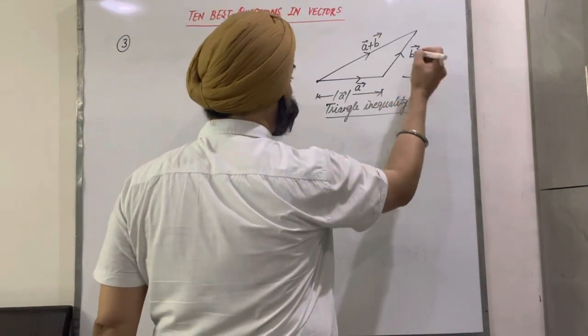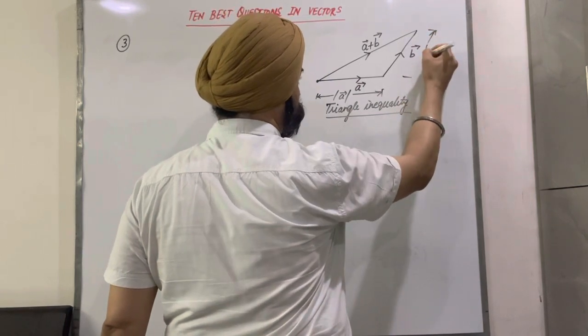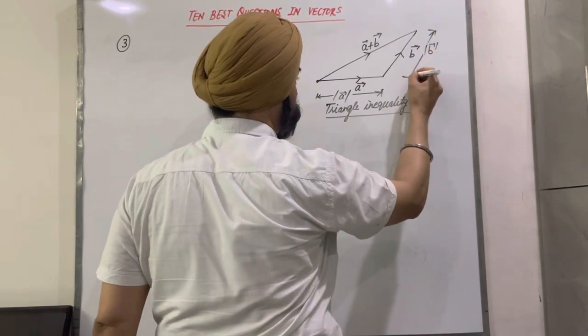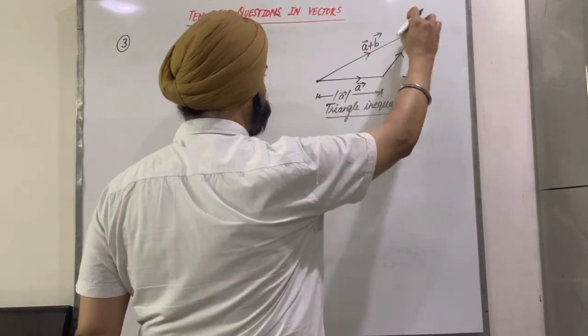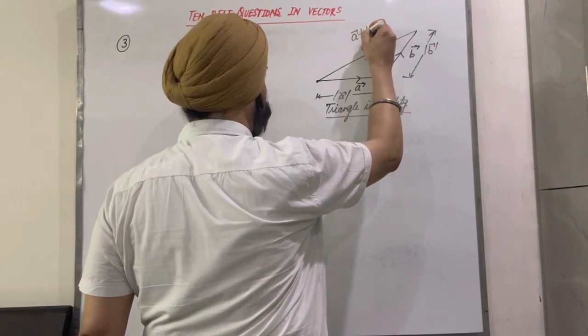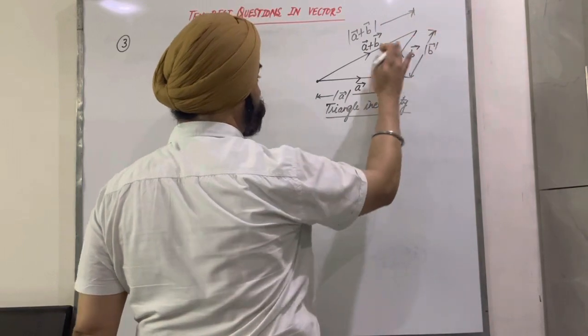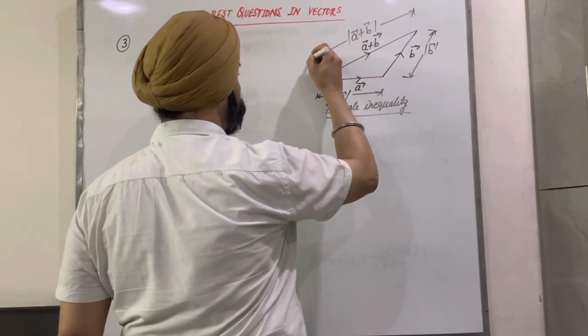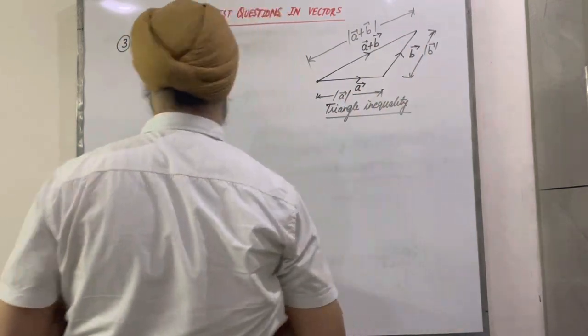Likewise, if I wish to represent this length, I have to write magnitude of this vector B. Basically, I have to write magnitude of vector A plus vector B. It is representing this length, the third side, as you can see in this triangle. So magnitudes, they are scalars or constants.